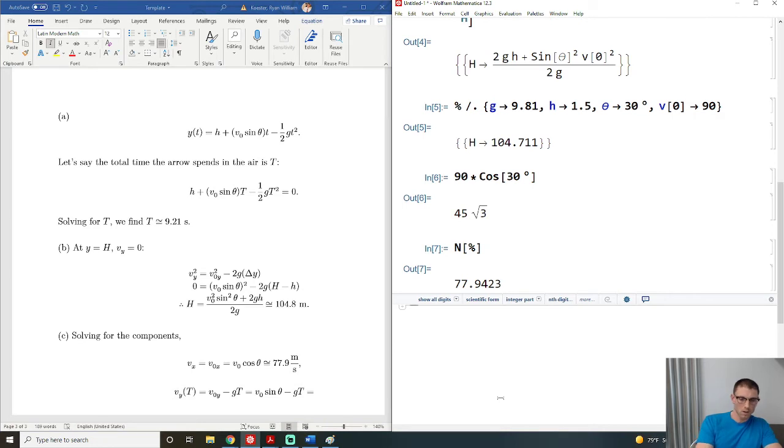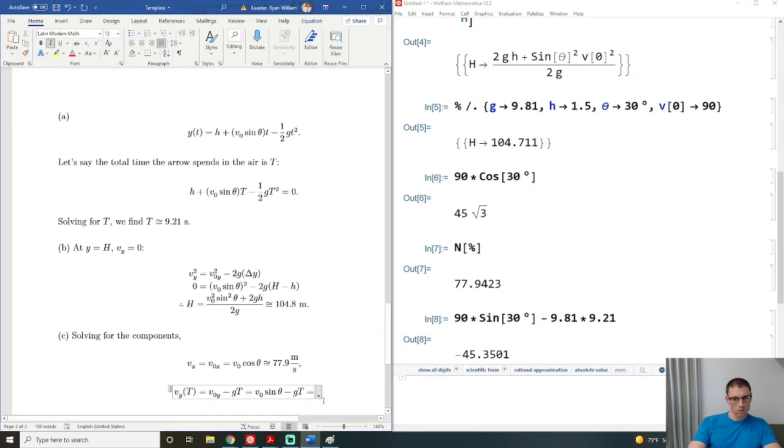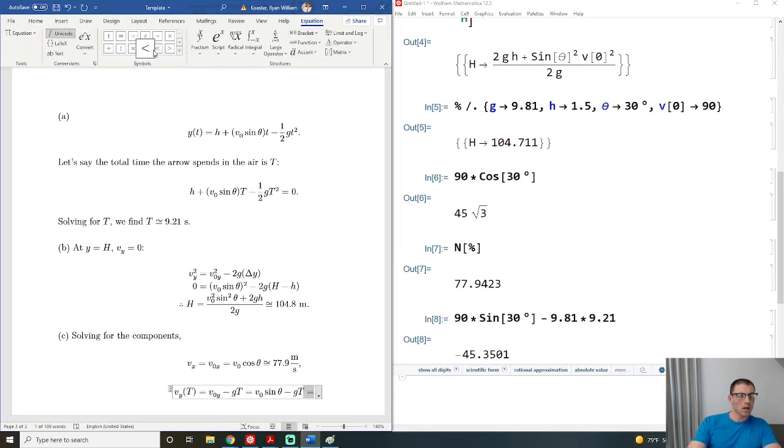So let's do 90 times the sine of 30 minus 9.81, and then we found 9.21. So it should be about, let's say, negative 45.4 meters per second for the y component.